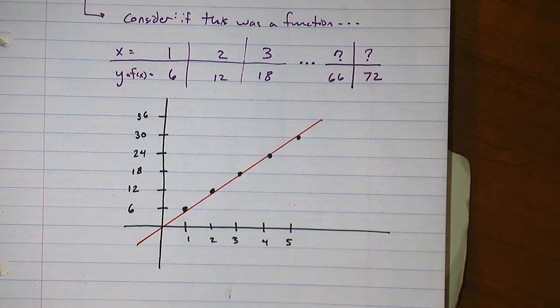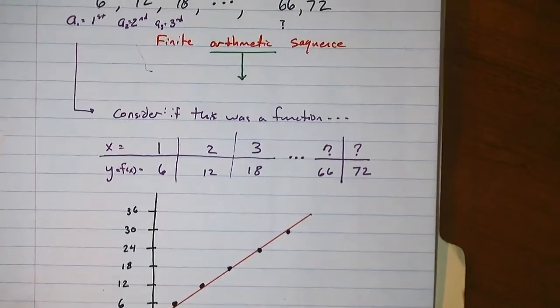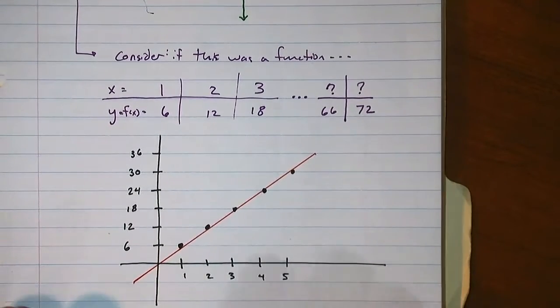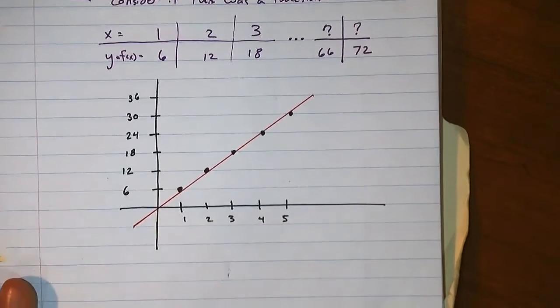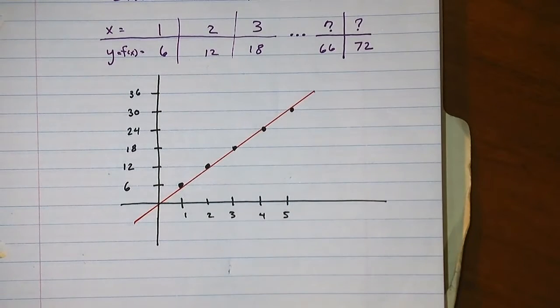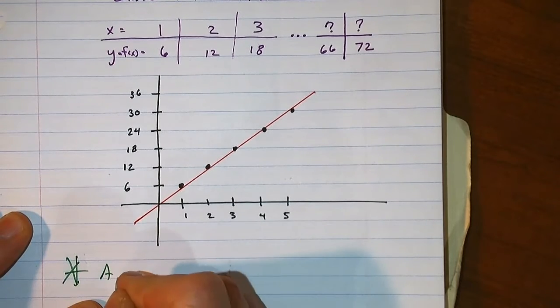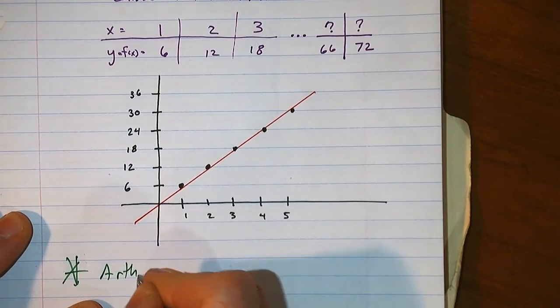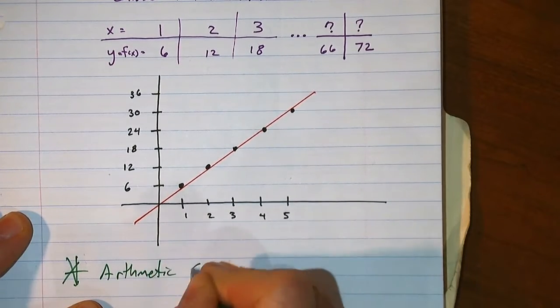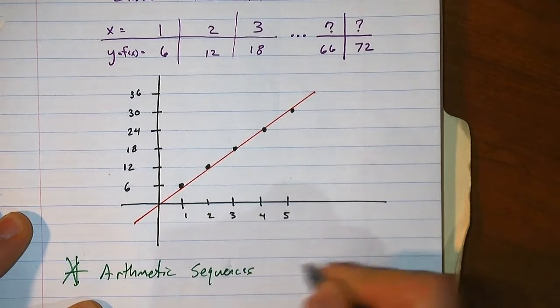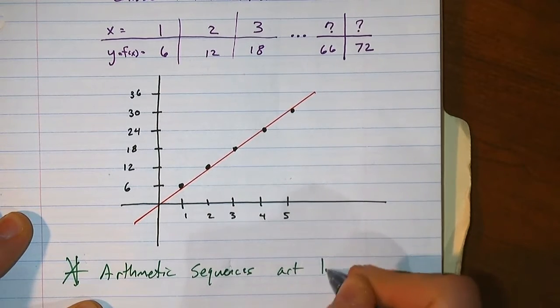So what that means to me is that arithmetic sequences act very similar to linear functions, all right? And that is going to be the key for how we find the formula. Arithmetic sequences act like linear functions.